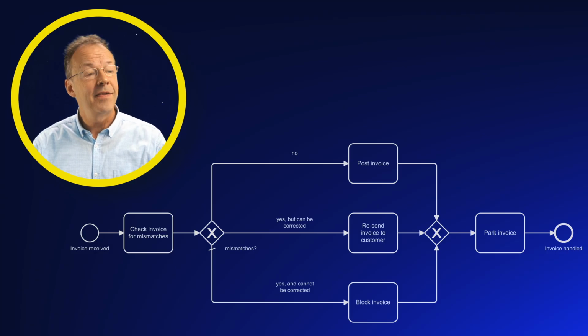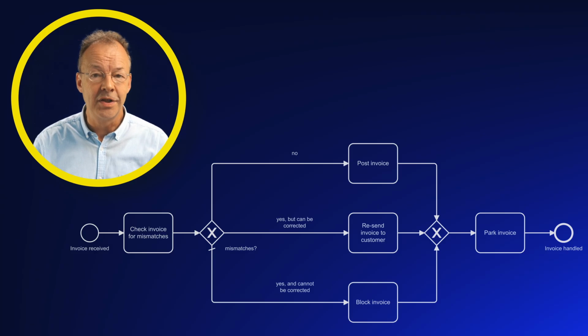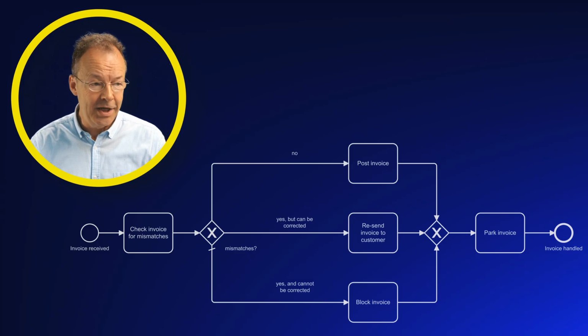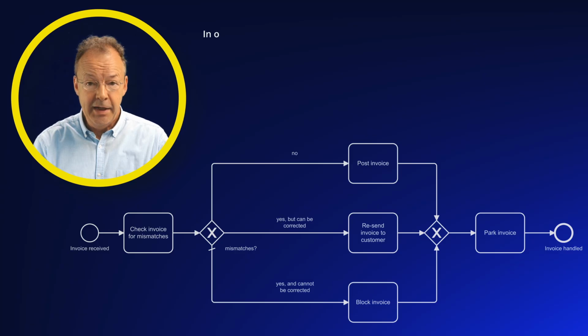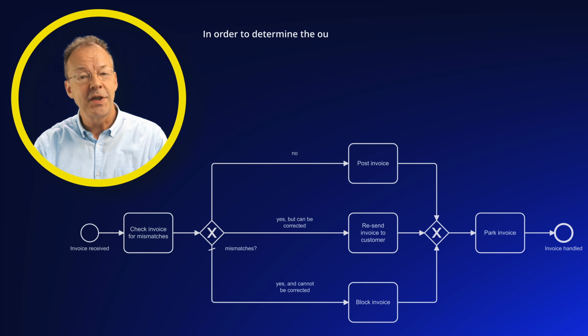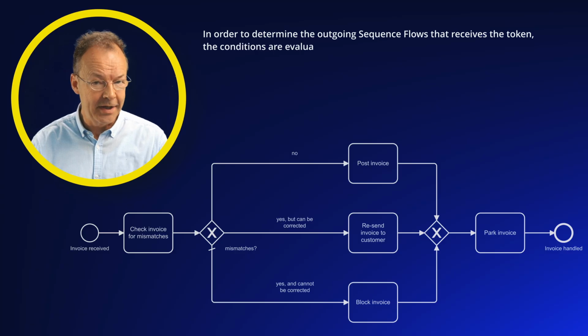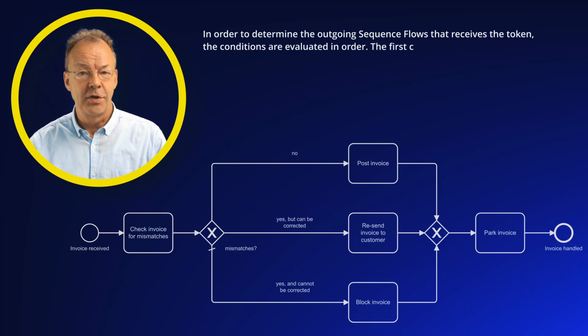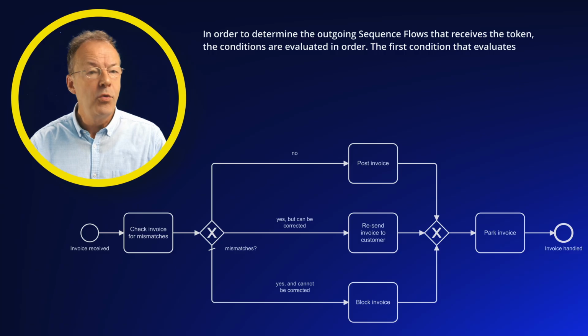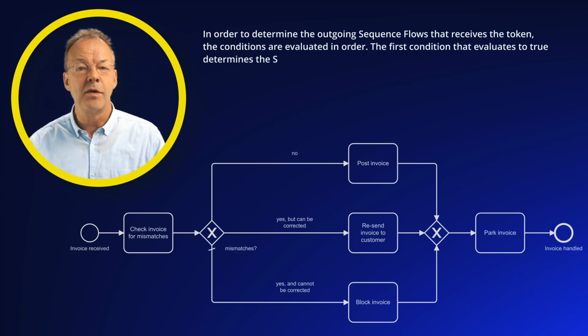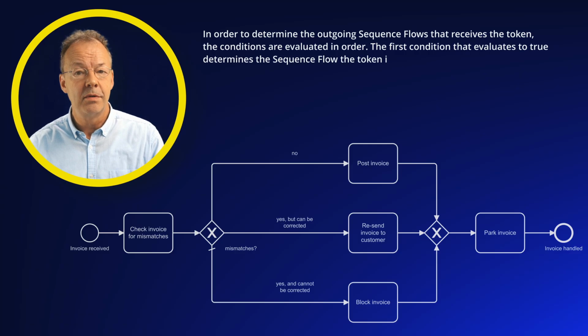And let's look at the BPMN specification table 13.3 at the same time. In order to determine the outgoing sequence flow that receives the token, the conditions are evaluated in order. The first condition that evaluates to true determines the sequence flow the token is sent to.